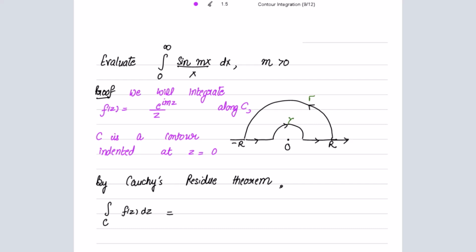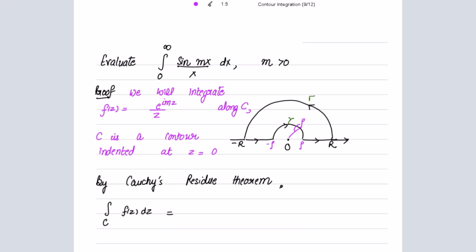We integrate along the real axis from negative R to negative rho, followed by this semicircle gamma of radius rho, then from rho to R, and then along this semicircle tau in the upper half plane.